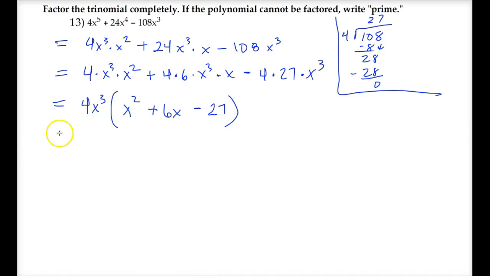Okay? So what we've just done here is factored out the greatest common factor out of each of these terms. So what we're going to do now is see with this other factor here, x squared plus 6x minus 27, can we actually factor that into two binomials?